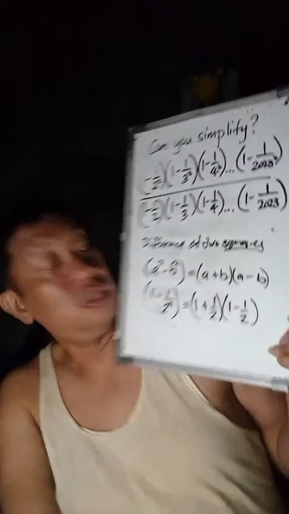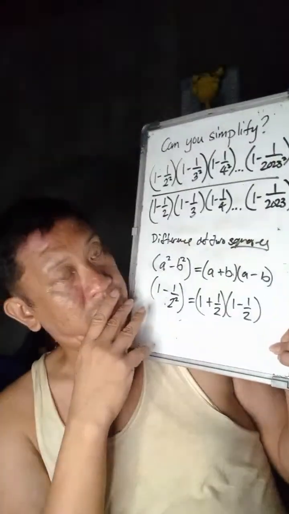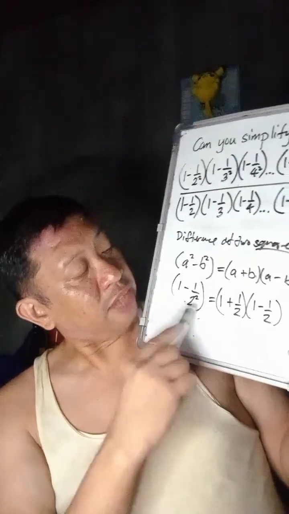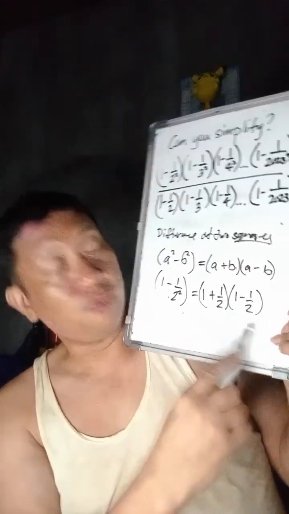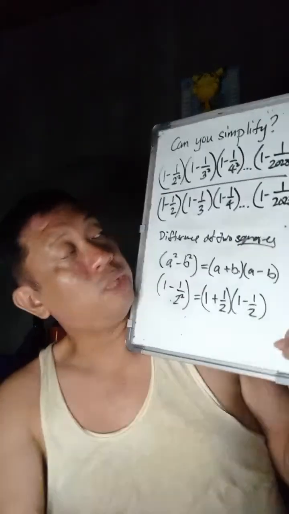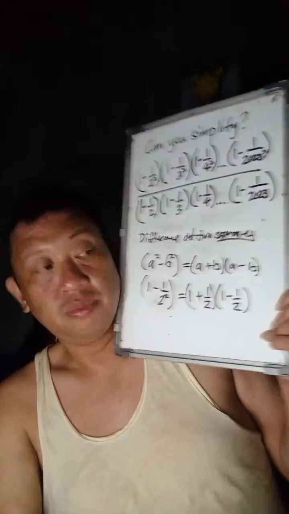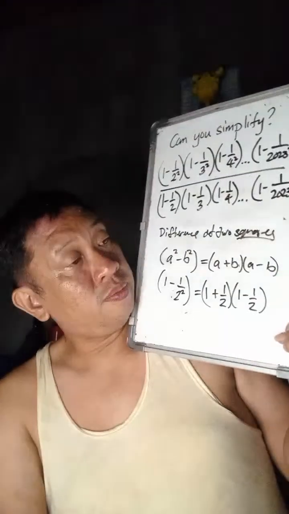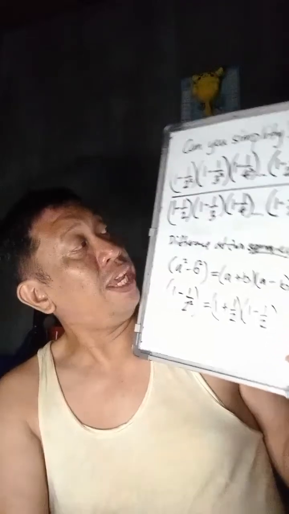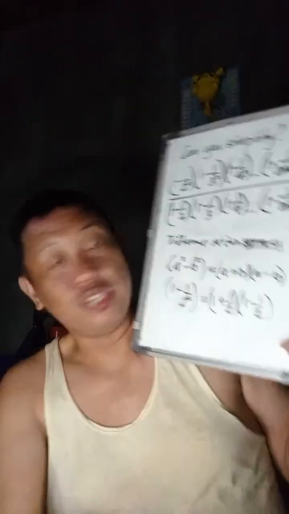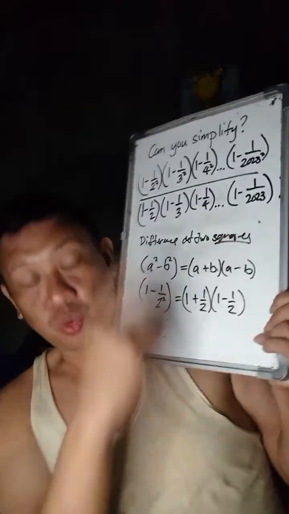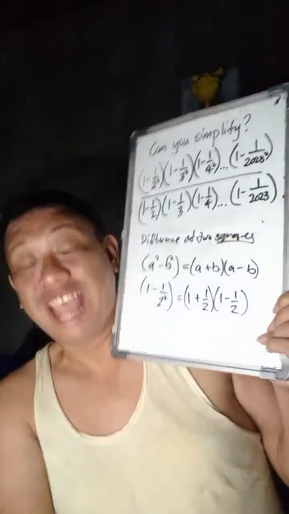Oh, so that's how it's going on here. If I factor this up, you will have these two factors, and the same thing with the 3 squared, the 4 squared, and the 2023 squared. Since everything is in multiplication, and we have these same factors at the bottom, all of the factors with 1 minus 1 over something will be cancelled out.